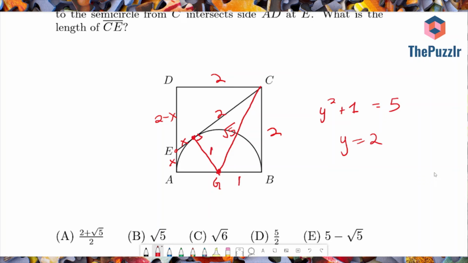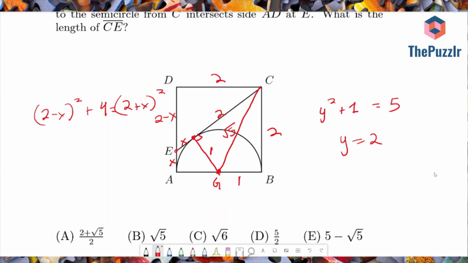And now we can apply Pythagorean theorem on triangle DEC. 2 minus x squared plus 2 squared, which is 4, equals 2 plus x squared. Thankfully for us, the x squared terms will cancel out when we multiply this out, so this will give us one quick solution.